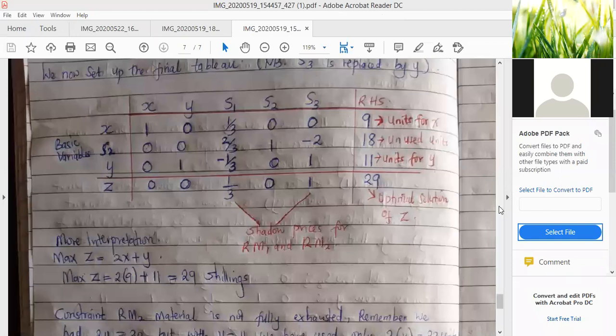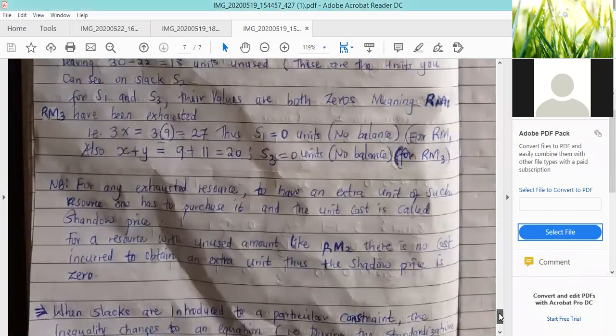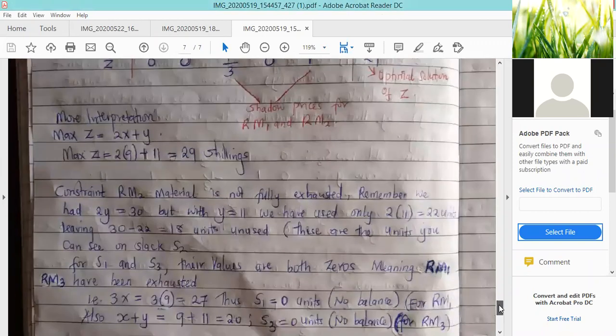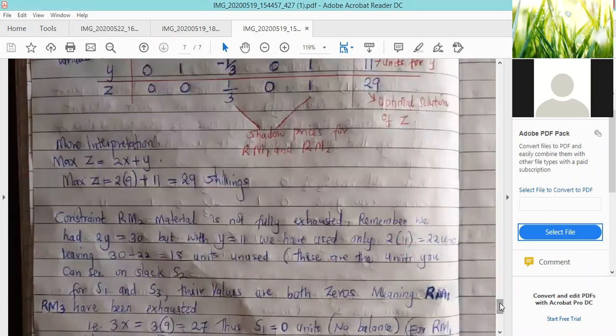Lastly, I would want to compare my objective function variable. Our Z was to be contributed by an equation of the kind, remember where we are coming from right from the beginning, 2x plus y.